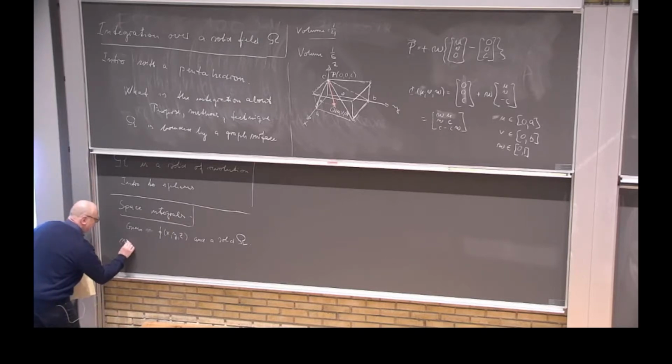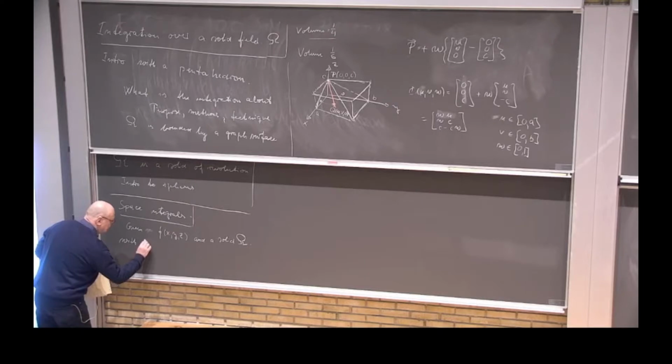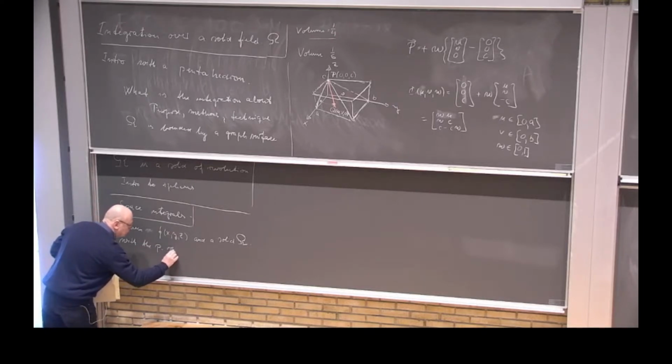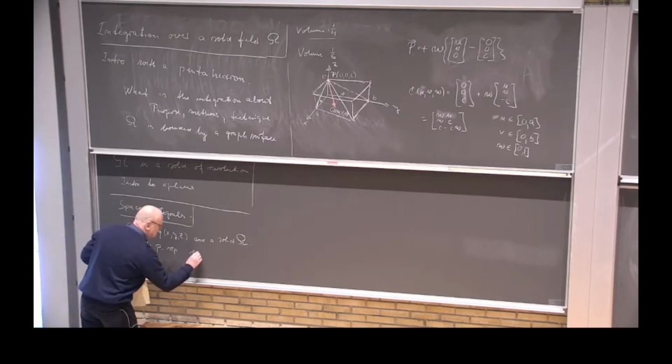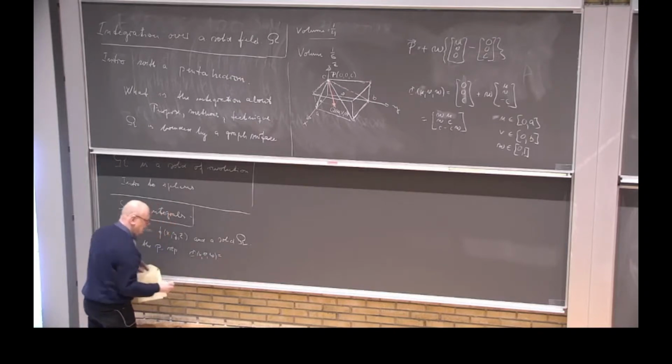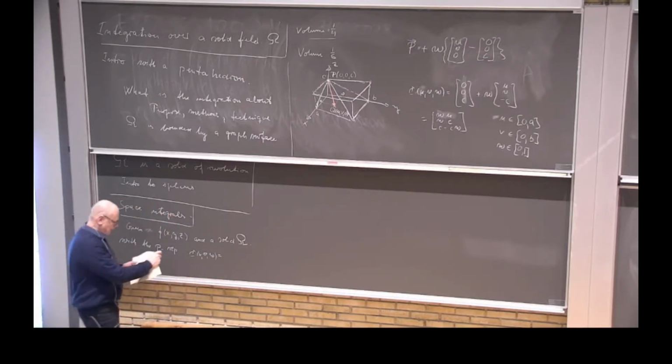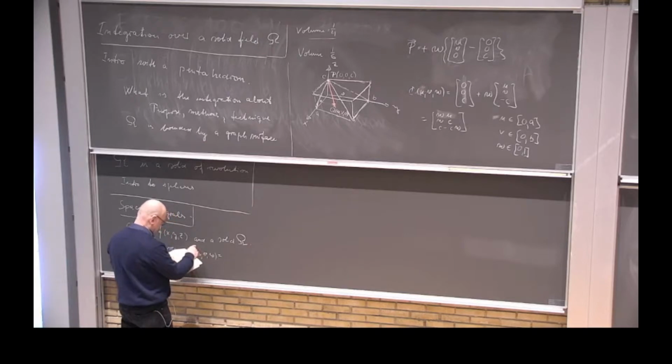And omega has a parametric representation, and this is simply given by 3 coordinates.